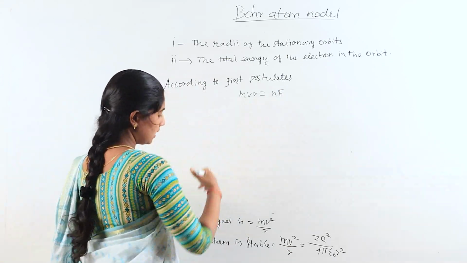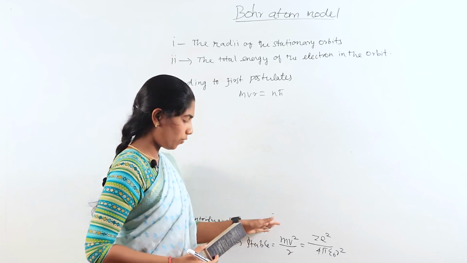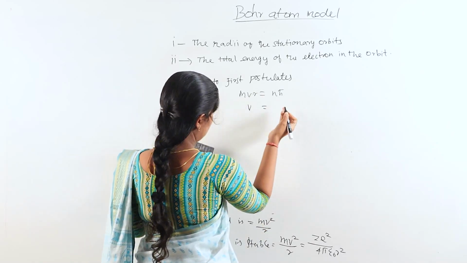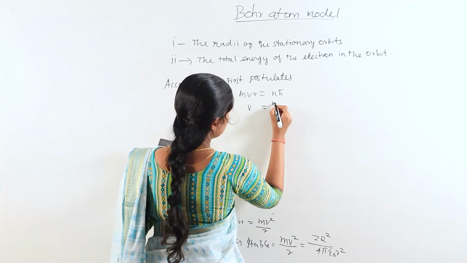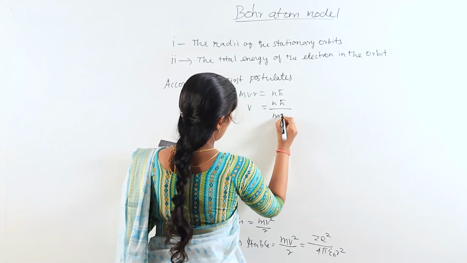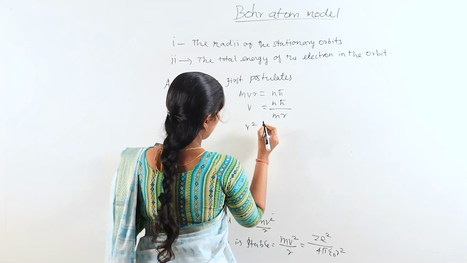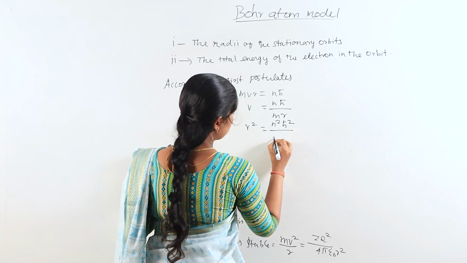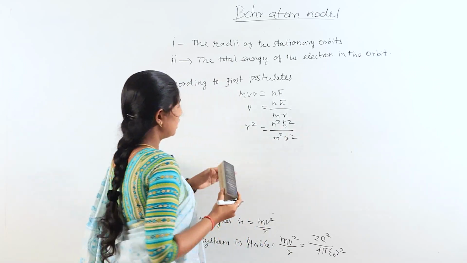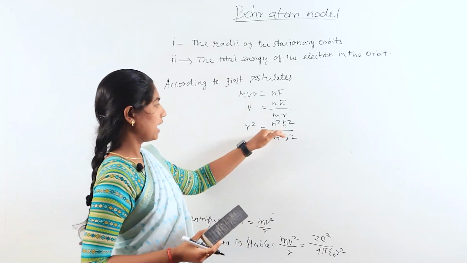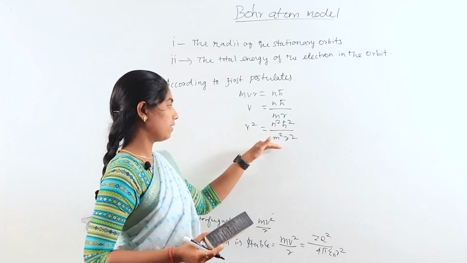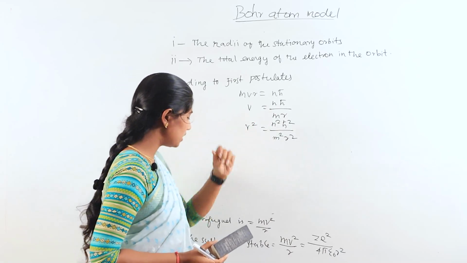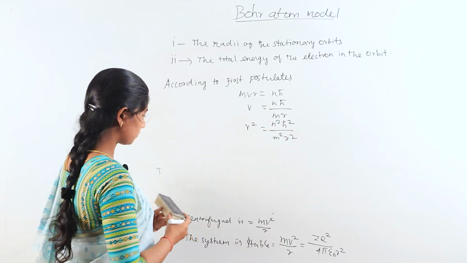Here v is present and we need the value of v, so I keep v here and the remaining terms go to the right hand side. Squaring this term, finally we get v square equal to n square h cross square divided by m square r square. Now I am going to substitute this value of v square in this equation.